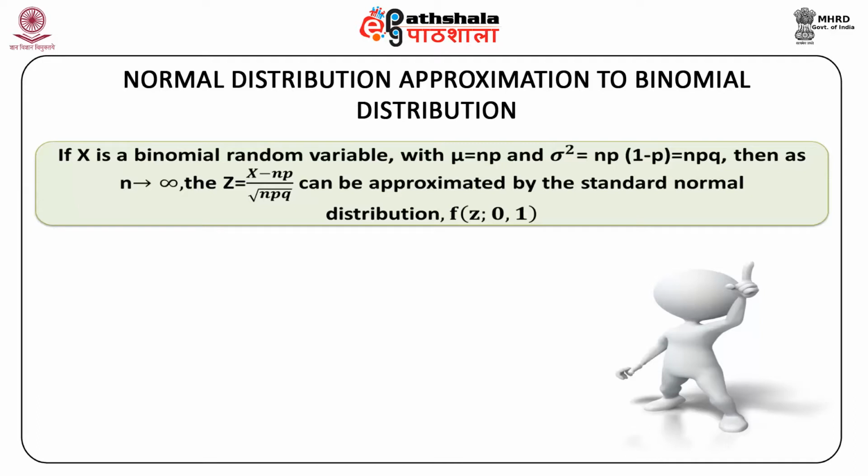While computing binomial probability using the standard normal distribution, since a discrete variable is approximated by a continuous variable, a minor adjustment called continuity correction is made.